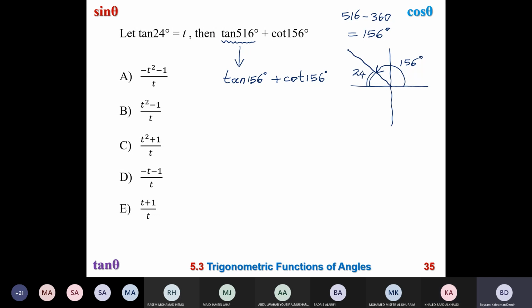Now, what is tangent of 156 degrees? Negative tangent 24. Why did I put negative? Because it's in the second quadrant. And then also negative cotangent 24.